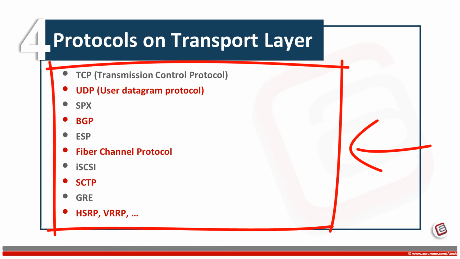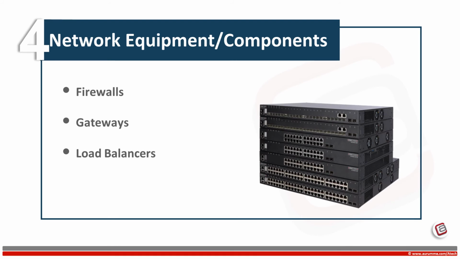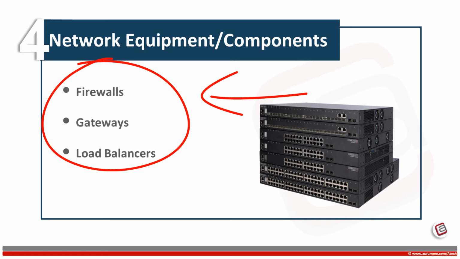Other protocols at the transport layer include SPX, BGP, which uses TCP port 179, ESP for security, Fibre Channel Protocol, iSCSI, SCTP, and so on. Important equipment and components operating at the transport layer include firewalls, gateways, load balancers, and so on.